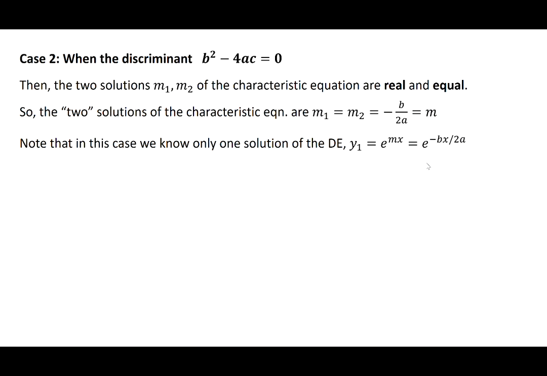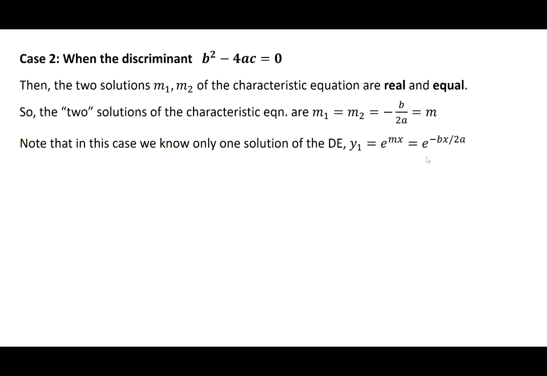So what do we do? Let me repeat what the problem is. We have a differential equation of the kind ay double prime plus by prime plus cy equals 0, and we found one solution. We don't know the second solution.